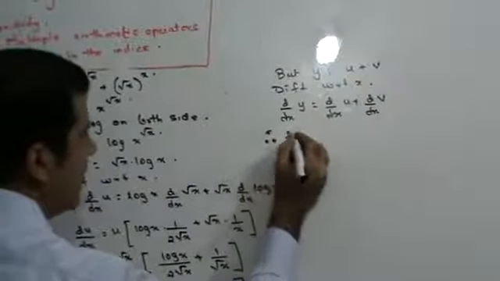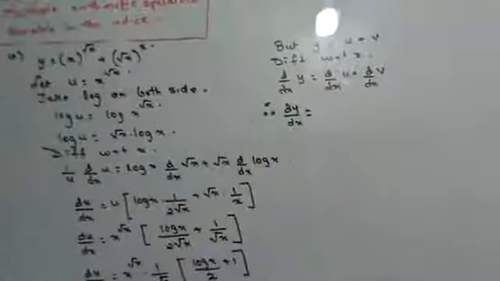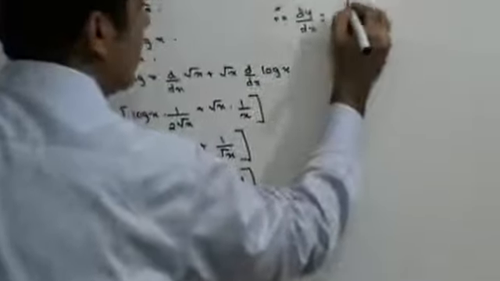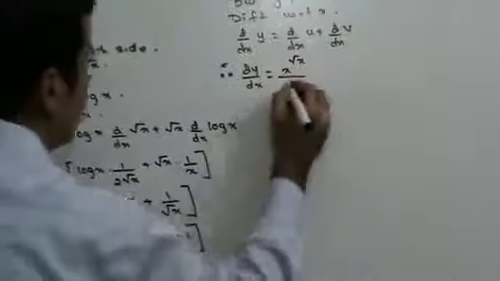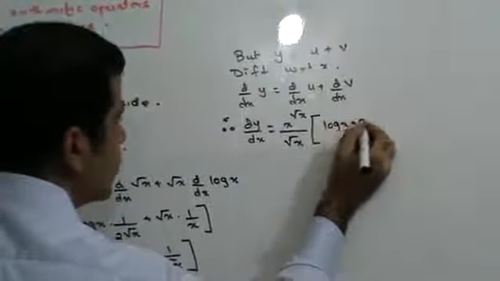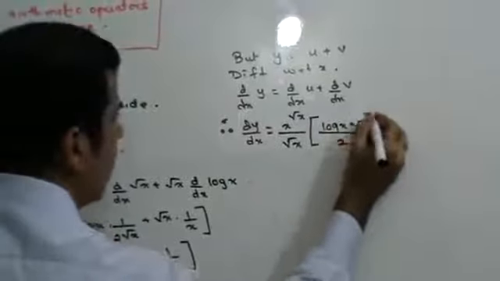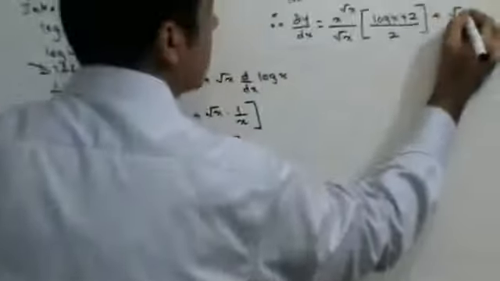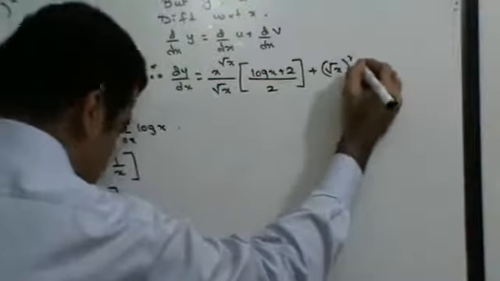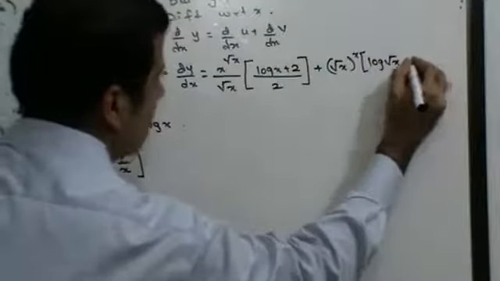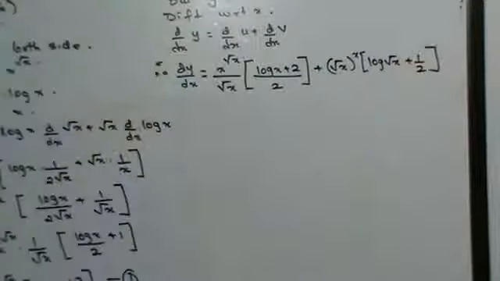Therefore, you could say that dy by dx, du by dx I can get from equation 1, which is nothing but x raised to root x upon root x, log x plus 2 upon 2, plus dv by dx I can get from equation 2, which is nothing but root x raised to x log root x plus 1 by 2. That will be the answer for your sum.